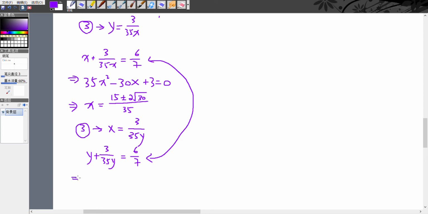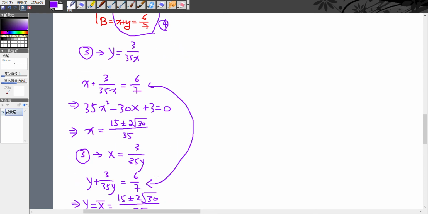So this suggests that y is equal to x, maybe the opposite, is equal to 15 plus minus 2 times the square root of 30 divided by 35.